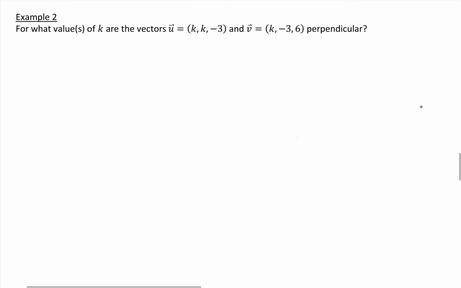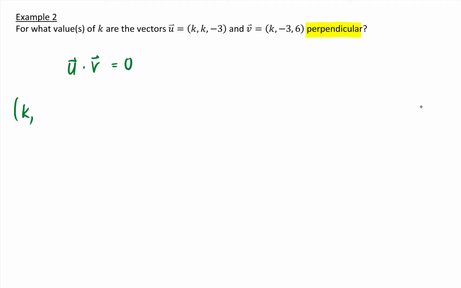All right, last example. For what values of k are the vectors u and v perpendicular? So again, our keyword here is perpendicular, and we know that the dot product of two perpendicular vectors is equal to 0. So we're going to start with that. So u dot v is equal to 0.